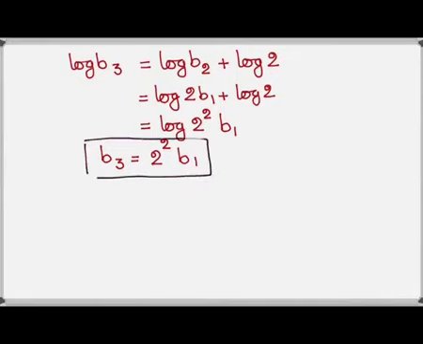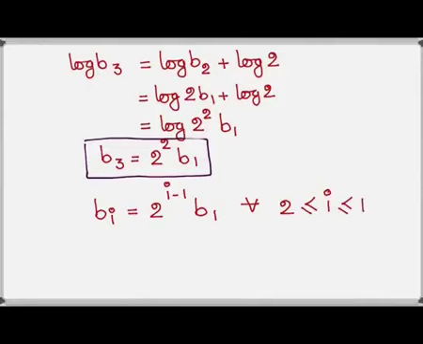If we proceed in this way, we would obtain bi is equal to 2 to the power i minus 1 into b1 for all 2 less than or equal to i less than or equal to 101. So we are getting one form of bi for all i bigger than or equal to 2 in terms of b1.